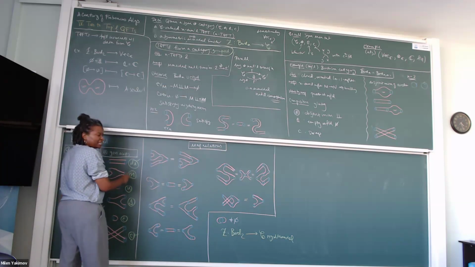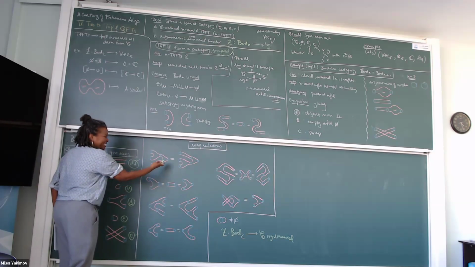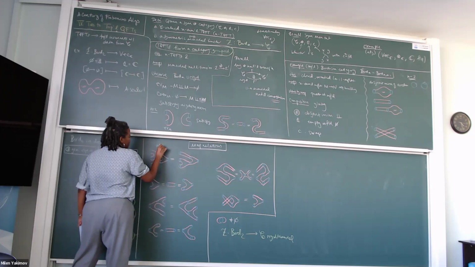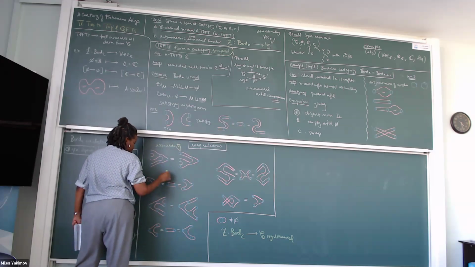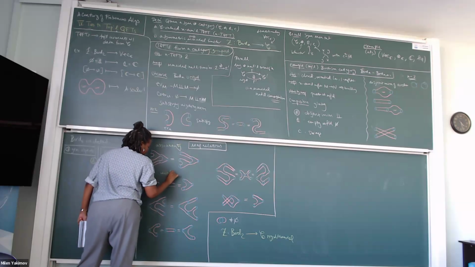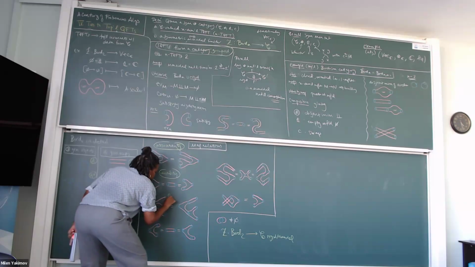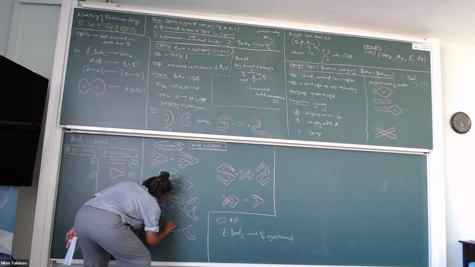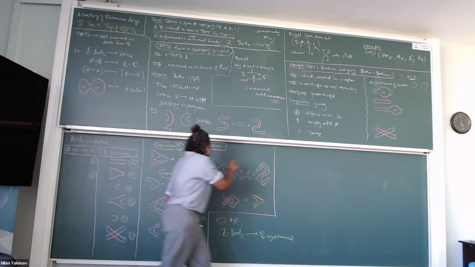Okay, so if I think of this as multiplication, what is this saying? This is saying that it is associative, so we have associativity. And then we have unitality. And then we have the co-unit. And then what is this?